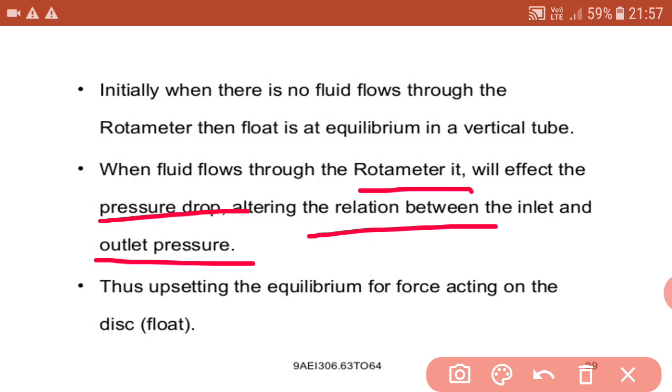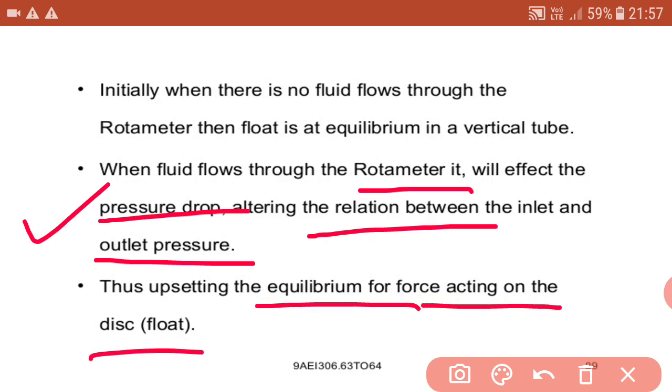It will affect the pressure drop, altering the relation between inlet and outlet pressure, thus upsetting the equilibrium of the forces acting on the disc or float.